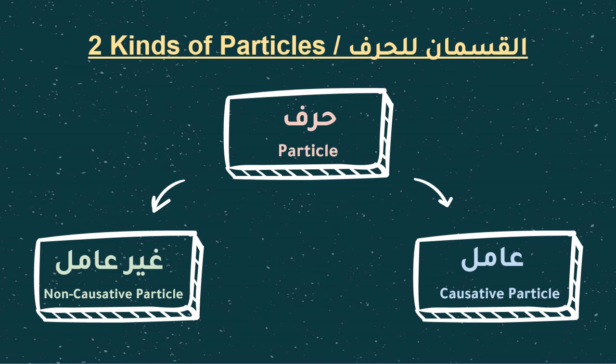We are not going to discuss them in this video. We will discuss them in some other video. Right now just remember that there are two kinds of particles, amil causative, ghair amil non-causative.